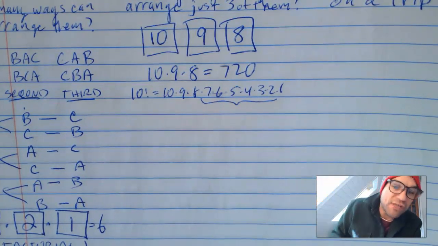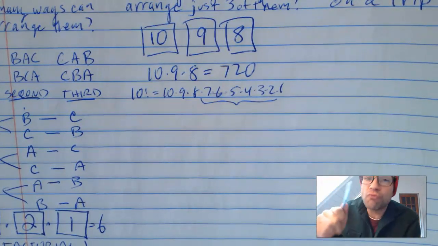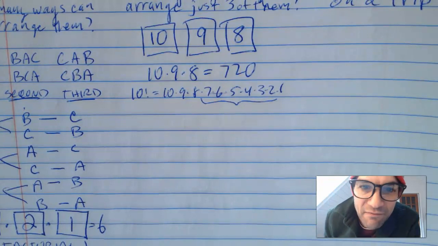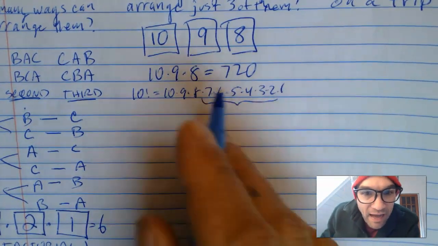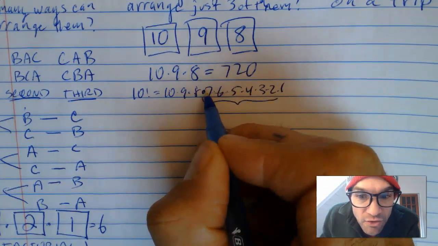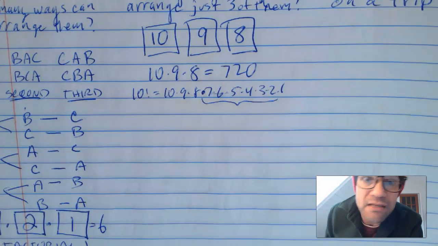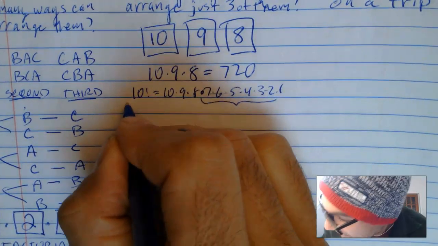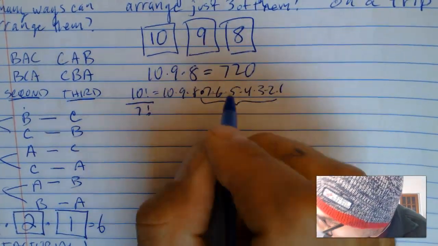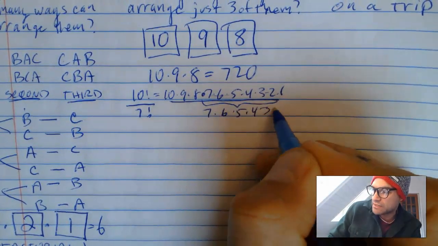And if that's what you're thinking, you're darn right. So how do I get rid of 7 factorial? I know you're thinking, subtract 7 factorial. And you're wrong. I can't subtract 7 factorial from here. This is a product, because here I'm multiplying by 7, 6, 5. How do I undo multiplication? The way you undo multiplication is by division. So if I divide by 7 factorial, now I'm dividing by 7 times 6 times 5 times 4 times 3 times 2 times 1.